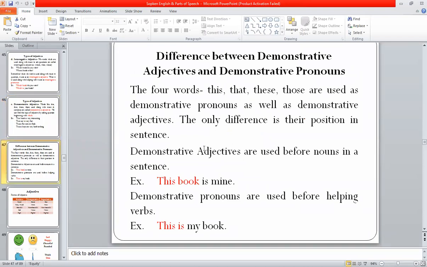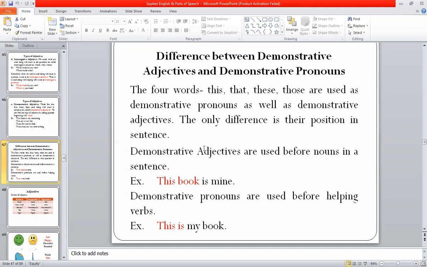Okay, so let's see the difference between demonstrative adjective and demonstrative pronoun. The four words this, that, these, those are used as demonstrative adjectives, as well as demonstrative pronouns.